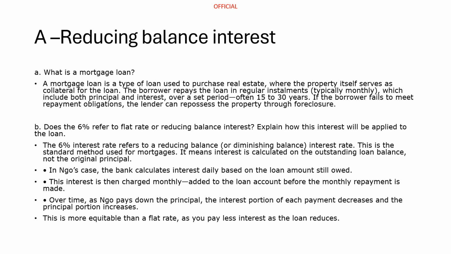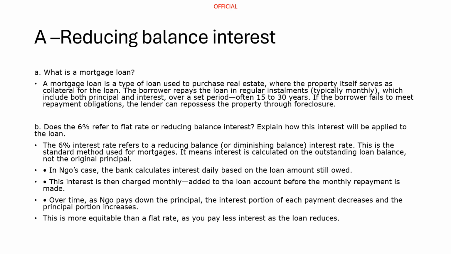With reducing balance interest, interest is calculated daily on the outstanding loan amount, the principal that remains unpaid. As Vincent makes monthly repayments of $3,512, part of each payment goes toward interest and the rest reduces the principal. Over time, as the principal decreases, less interest is charged because the amount owed is smaller.